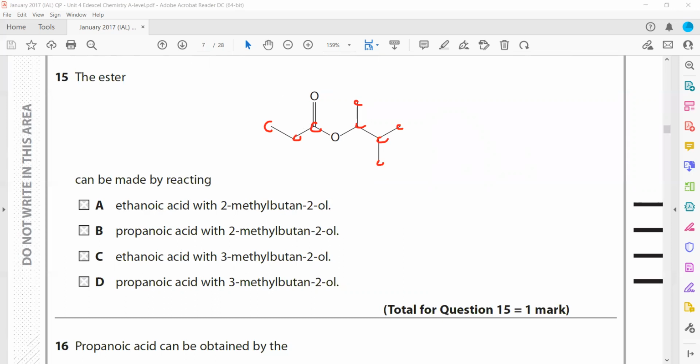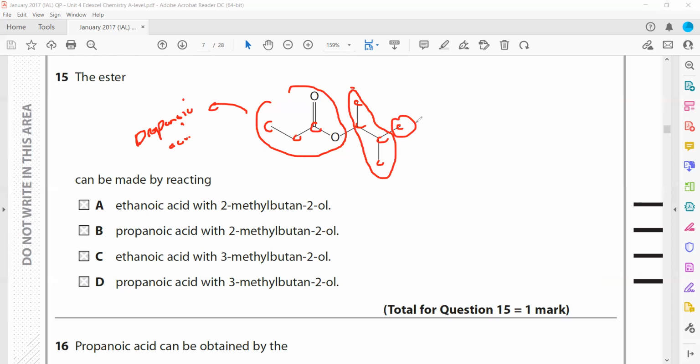So if I remove this whole part, 1, 2, 3, so 3 carbons means propanoic acid. And this is coming from OH. So 1, 2, 3, 4. At the second position we have a branch and OH is also attached.